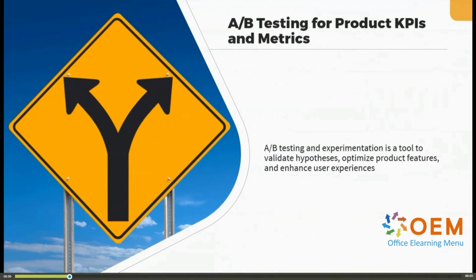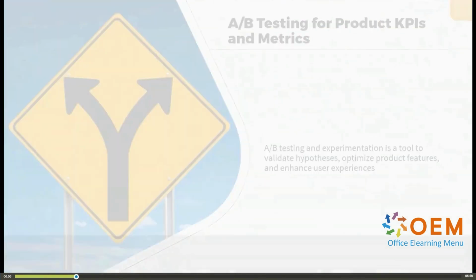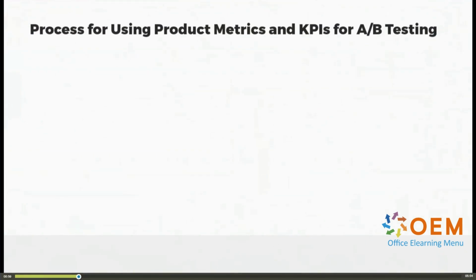In all cases, A/B tests should be guided by established product KPIs and metrics. By using A/B testing, TPMs can determine what changes lead to improved performance and provide clear quantitative evidence of the impact of changes. The foundation of this process is rooted in selecting and using the correct KPIs and metrics.